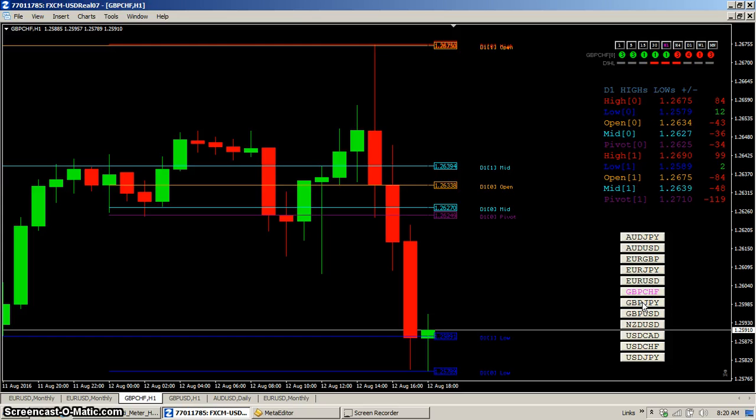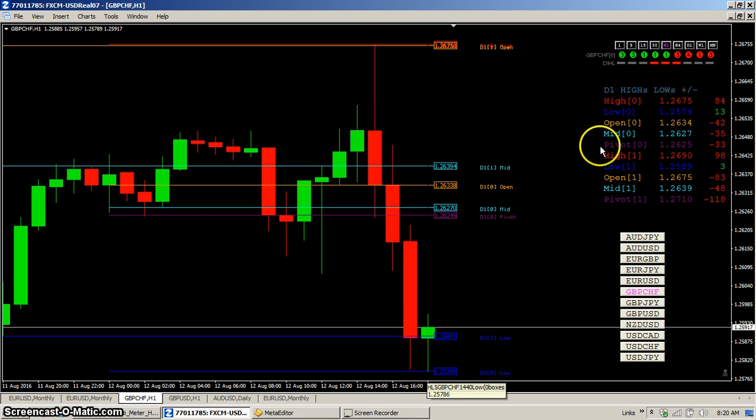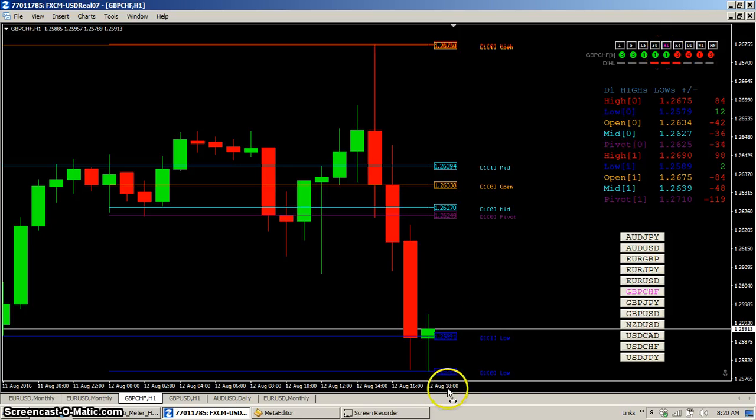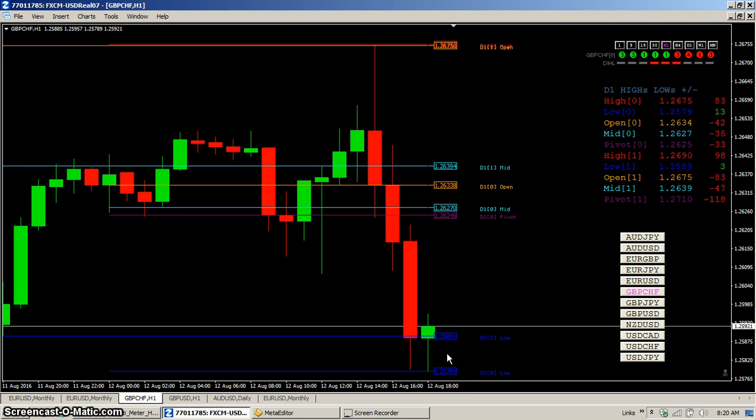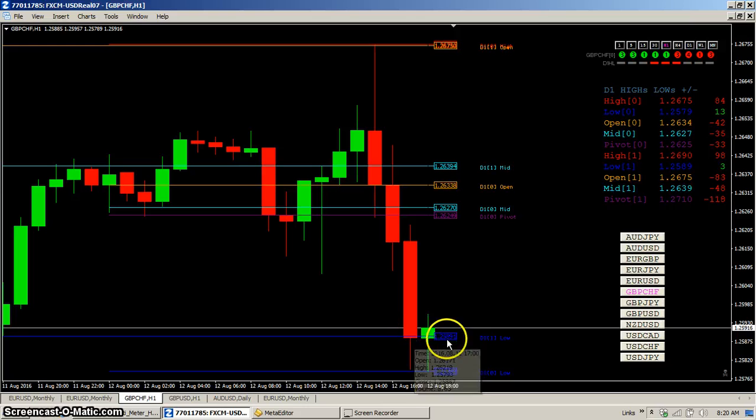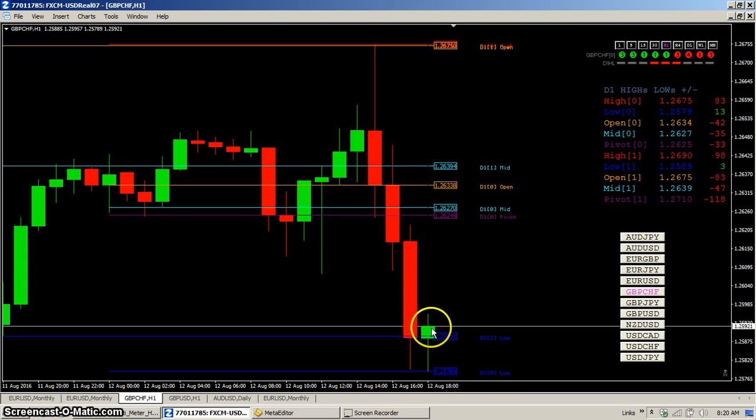The euro's already been. The pound franc, you can see here that it made a new daily low on this bar. This tells you to stay out of the trade. It tells you to wait until this H1 bar closes. You don't want to enter the trade.